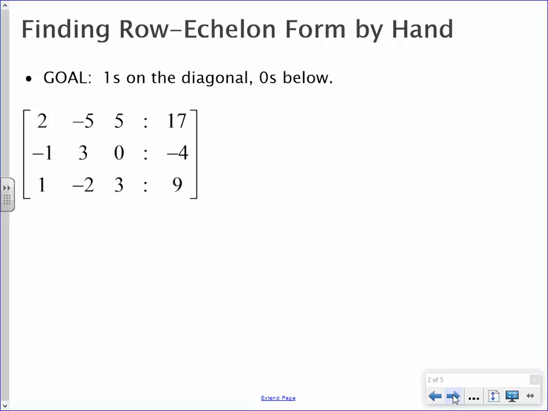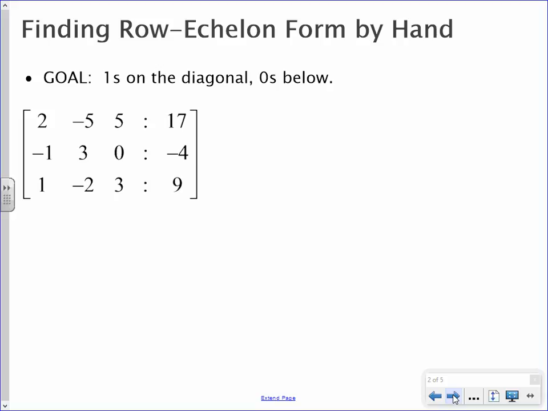So if we are getting this into row echelon form, then we want these numbers right here to be ones and everything below it to be zeros, okay? So this is kind of like a puzzle. Some of us may do it differently than others, but if we're solving a system of equations, as long as our math has been correct, we should get to the same answer.